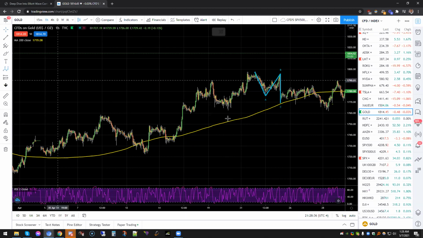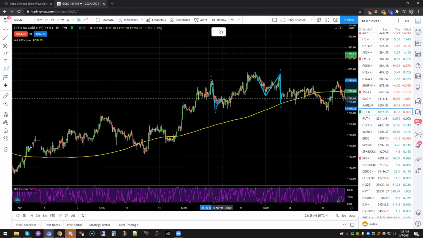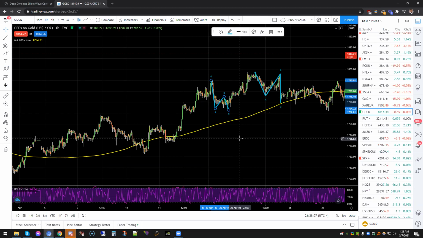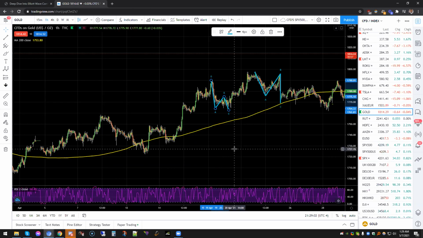With A being the long wave, we got one, then we got one, two, three, one up. So this is B being a flat pattern formation. And then you got C being a short wave. So C is what we call a truncated wave. That's a short wave. And this completes an ABC move as well.